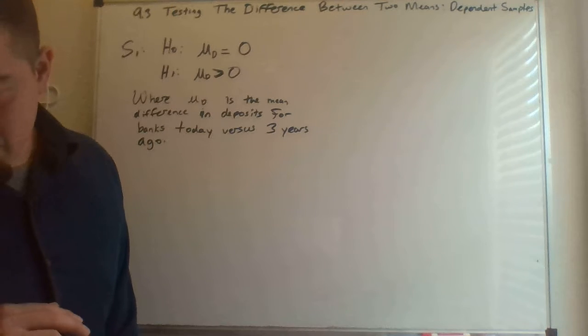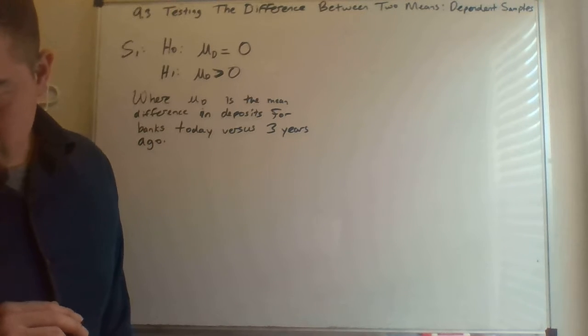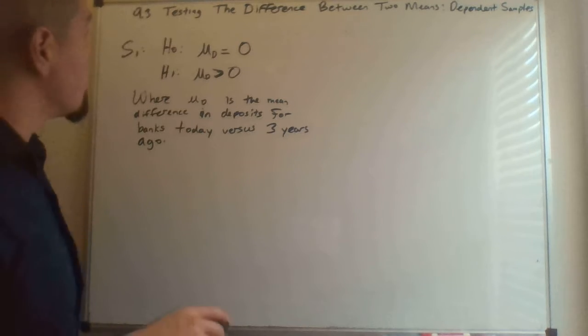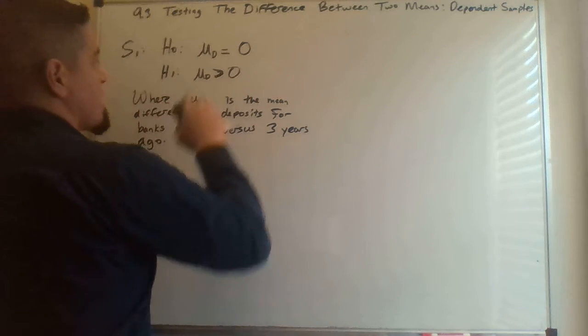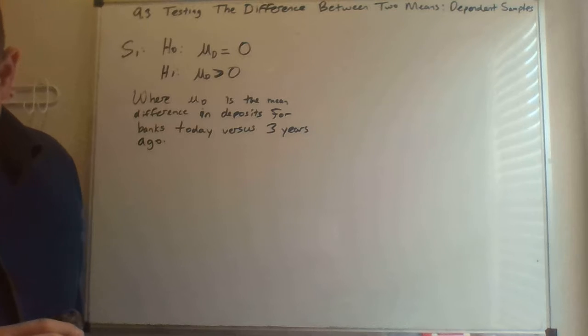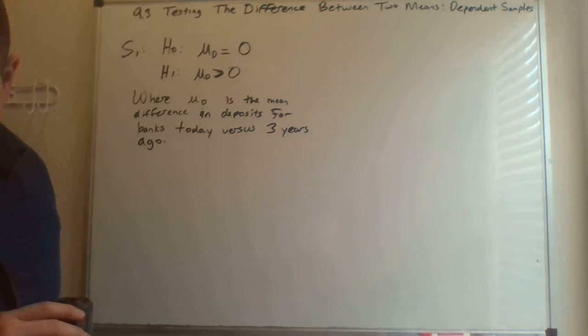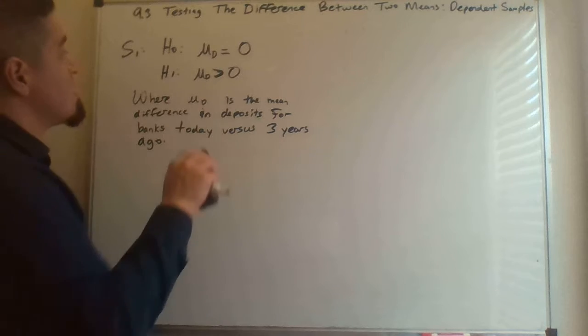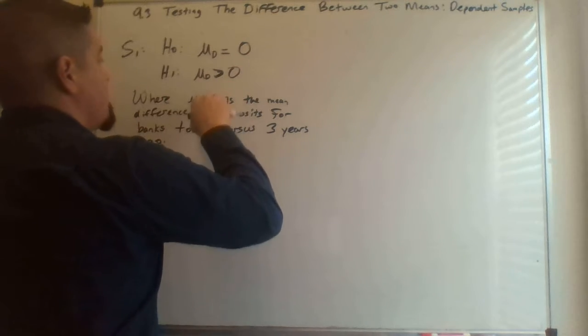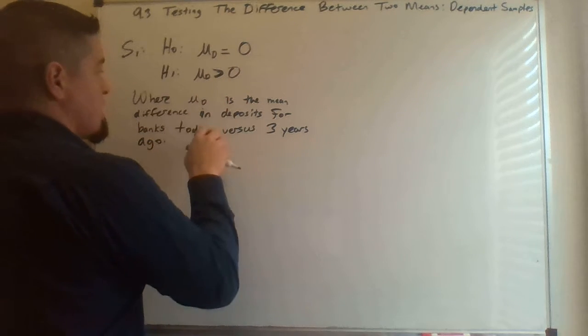However, actually I might switch that up because the question is actually reversing that. Well, the way it's outlined is kind of the other way around, whereas 3 years ago was x1 and today is x2. So meaning is the mean difference. Yeah, let me switch it up.